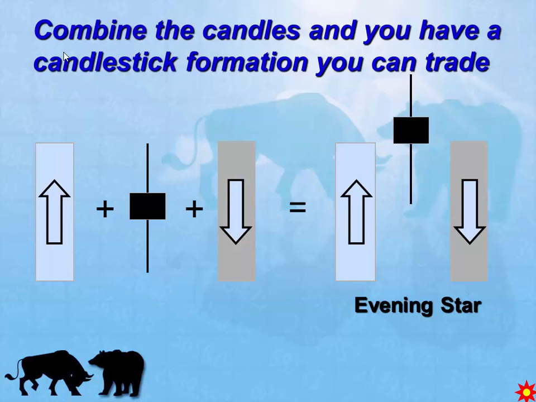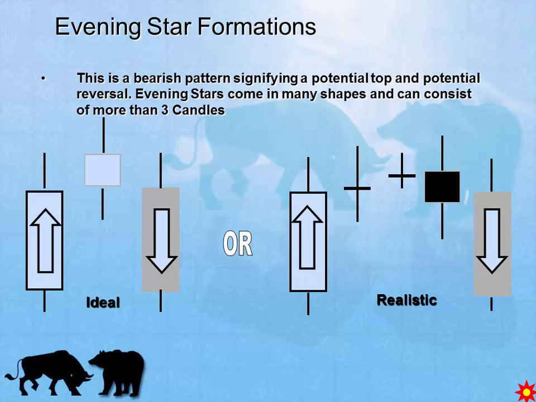When these candles combine, they give us a formation, and depending on when they occur, they give us a high probability of the market going down or going up. For example, the evening star pattern: the market is going up, does an indecision candle and then a decision candle to the downside. That's a very strong pattern going down.